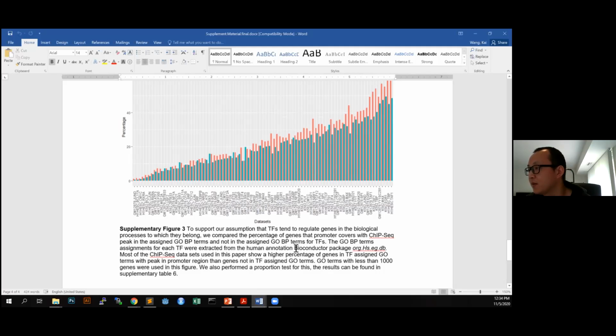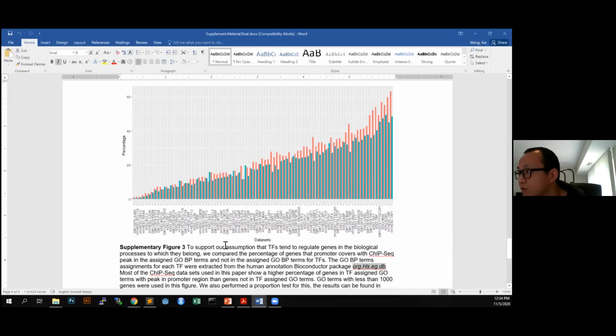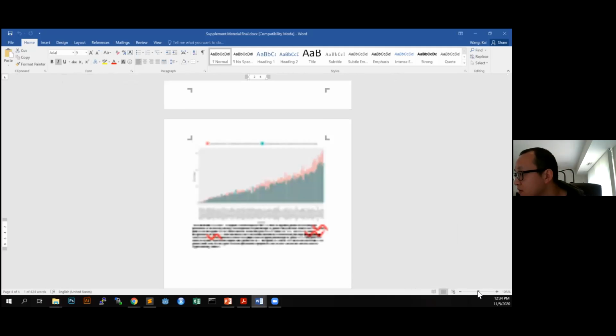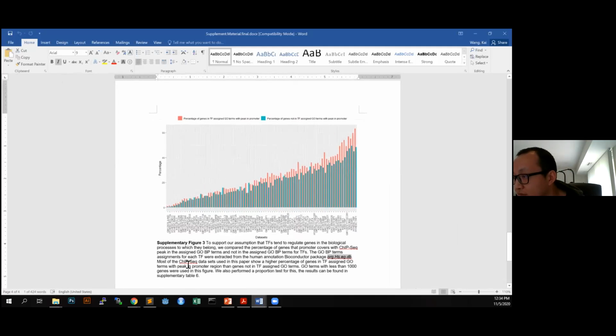All of those TFs are from these Bioconductor packages. This figure shows that most of the ChIP-seq data sets in this paper show a higher percentage of genes in the TF-assigned GO terms with peaks in the promoter region than genes that are not in the TF-assigned GO terms. So basically, we use GO terms from these packages to define the benchmark.